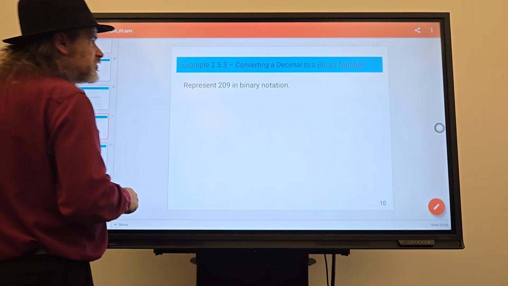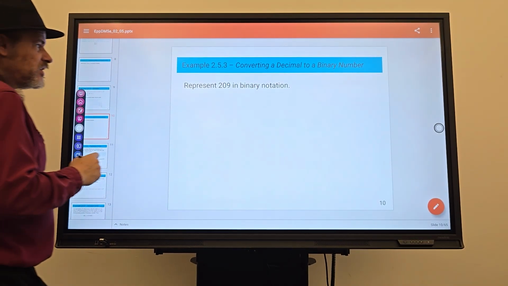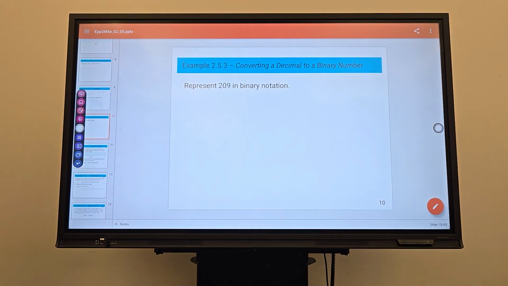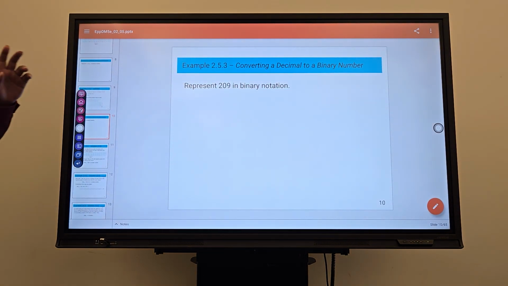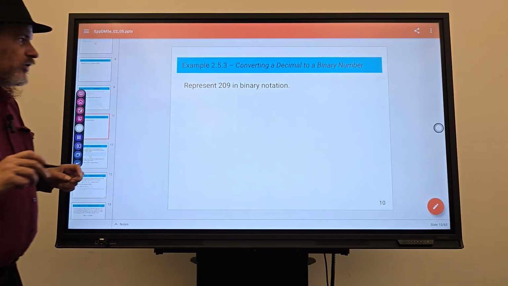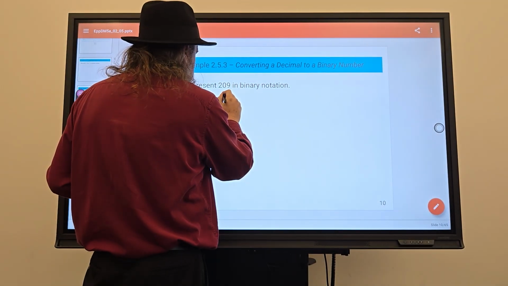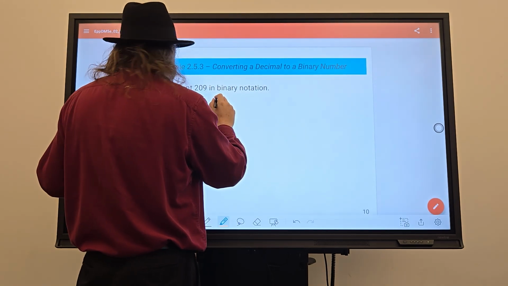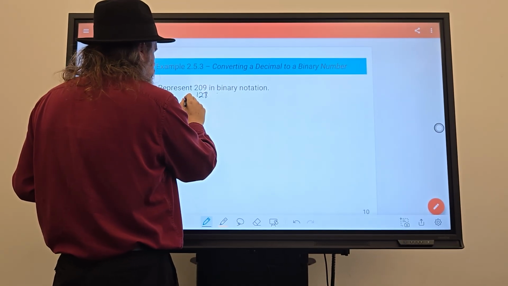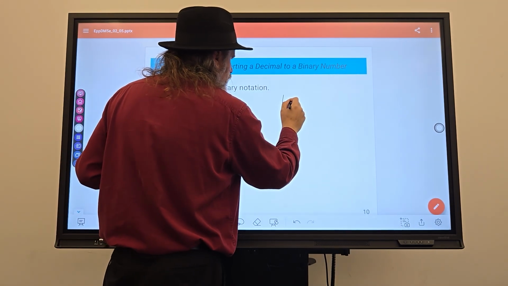And then converting decimal to binary, you take the highest power of 2 that's less than the number you're dealing with. So that's 128. Okay? And put a 1 in the 128th position.